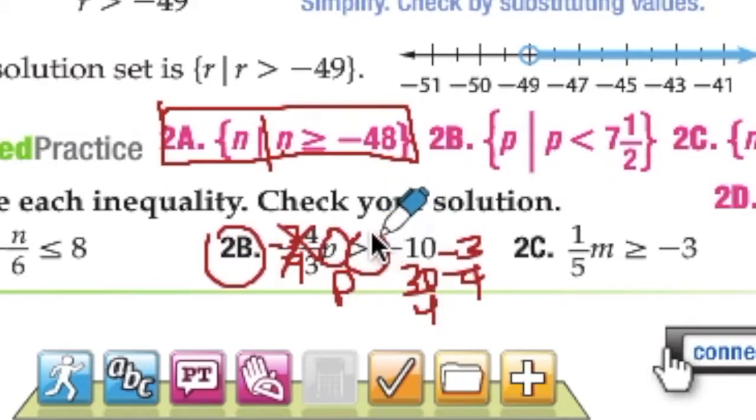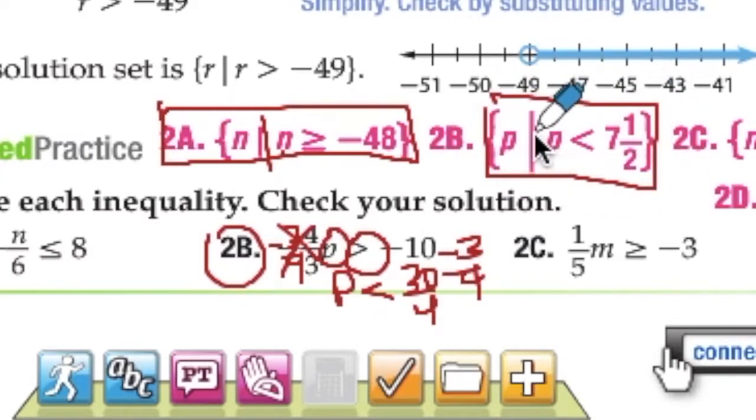But since I multiply by a negative, that inequality symbol flips around. So it's p is less than 30/4, or as you can see here, p such that p is less than 7 1/2. Same as 30/4, but just make sure you have that inequality symbol as less than.